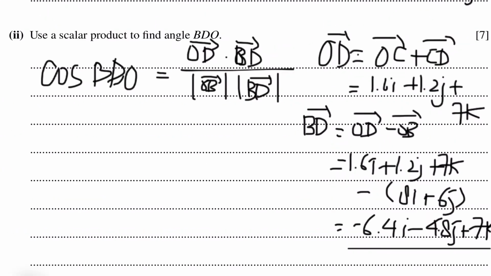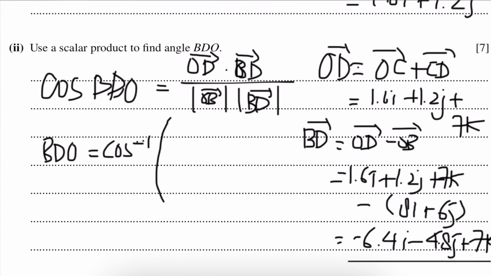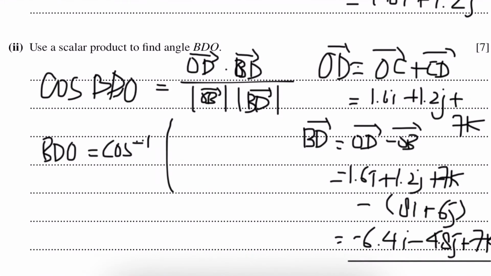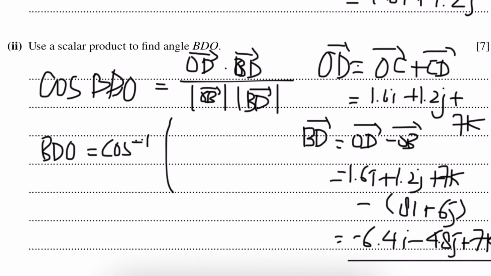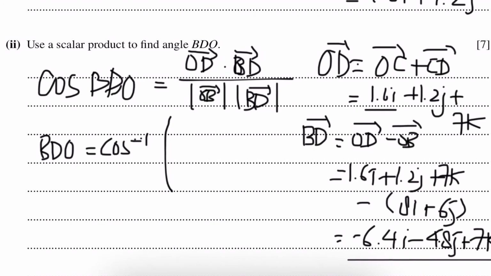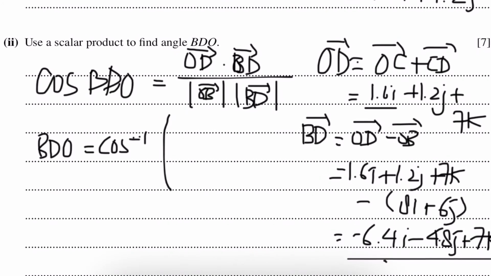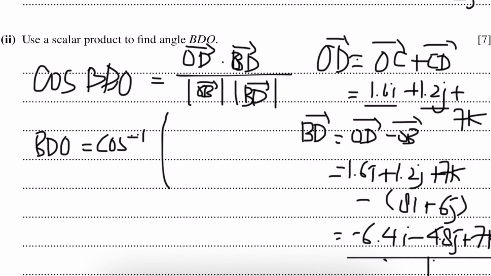So BDO is the cos inverse of that. Now to find the numerator, you can multiply the I component with the I component here, the J component with the J component here, and the K with the K here.